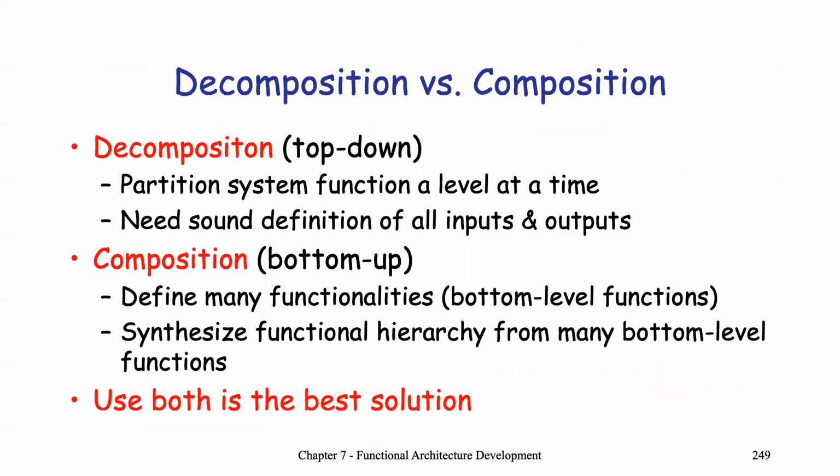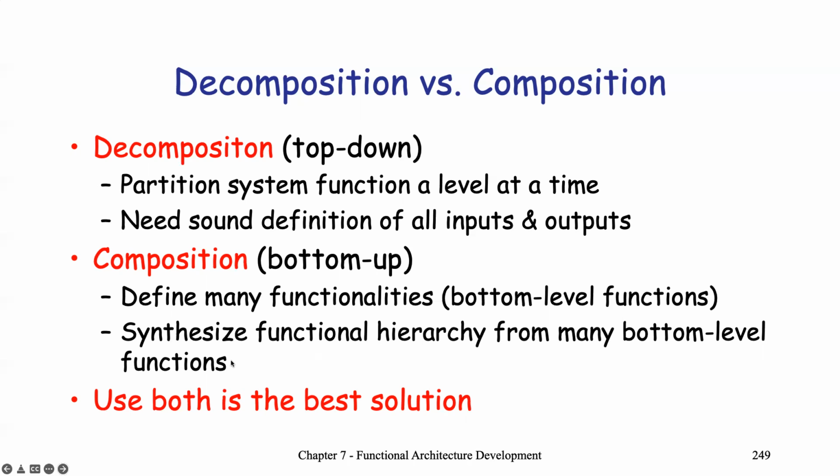And so let's talk about decomposition versus composition. This is where we're talking about either going top down or bottom up. If we're doing top down, then it's decomposition. So we're partitioning system functions one level at a time, and this needs to have a sound definition of all inputs and outputs. On the flip side, composition is bottom up. This way we define many functionalities from a bottom level point of view, and we synthesize the functional hierarchy from many bottom level functions.